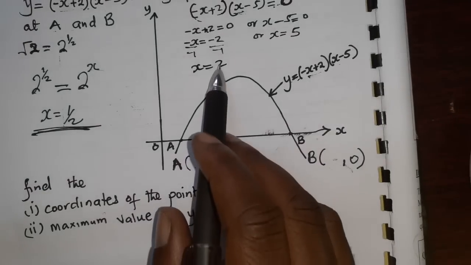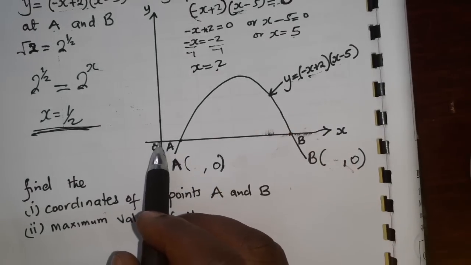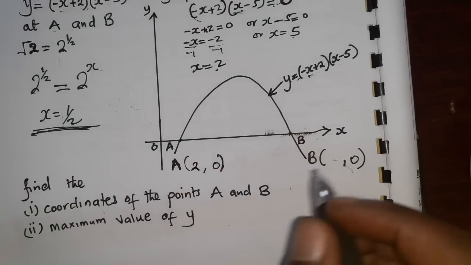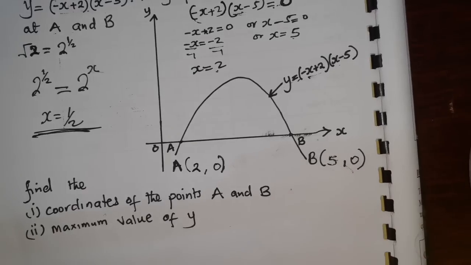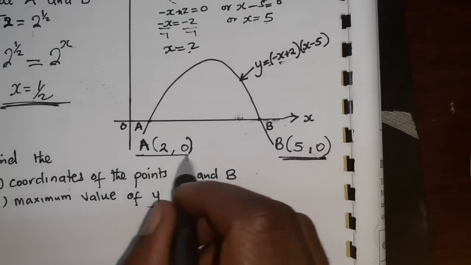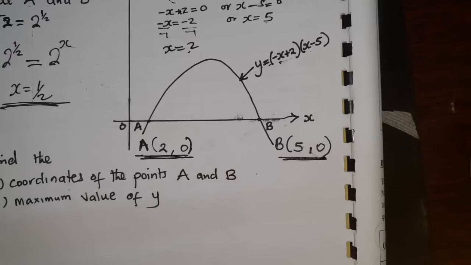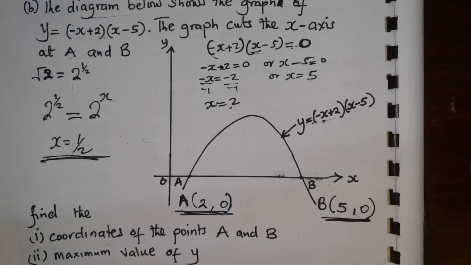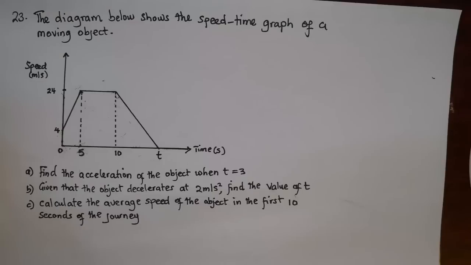Now, we have 2 and 5, but you know that from 0 we'll start with 2 before we go to 5. So these are the coordinates of these 2 points. All right? These are the coordinates of these 2 points. I hope that is clear. We look at the last.